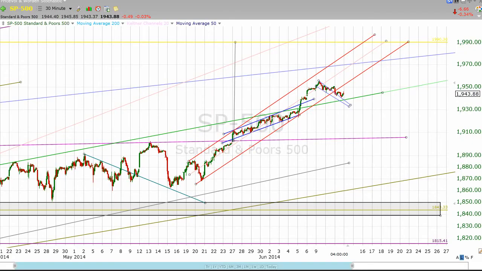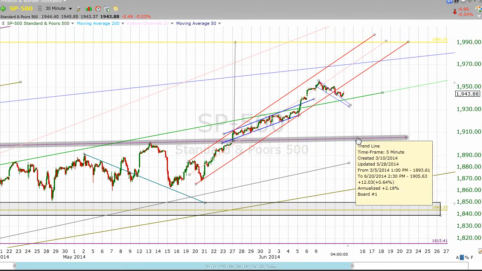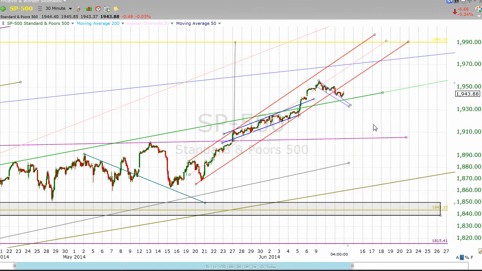Okay, today we saw this lower trend line break. But I'll be honest with you, it did not break in any kind of fashion that I would describe other than lazy. It just kind of slid down underneath it. So I'm not too concerned about that.